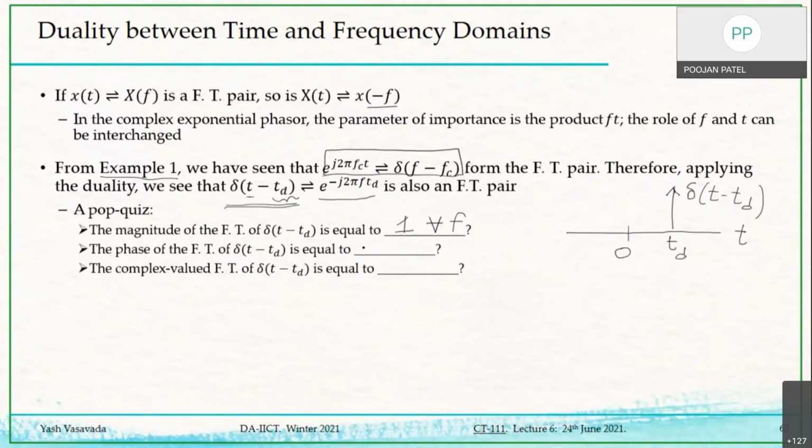Minus 2 pi f t d at frequency f. So phase keeps on changing with frequency. And it is also proportional to the delay t d. And then the complex value of Fourier transform becomes just simply cosine of this argument minus j times sine of this argument. So I'm not going to write it here.